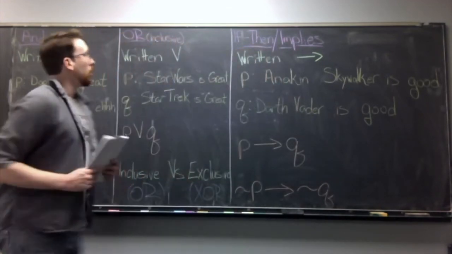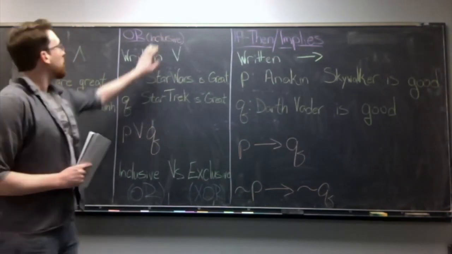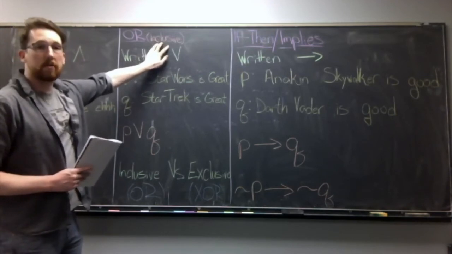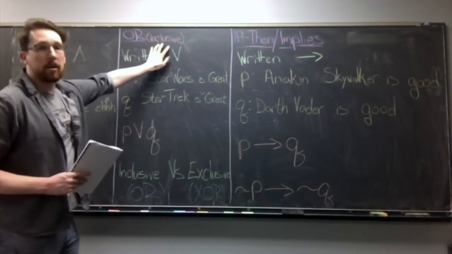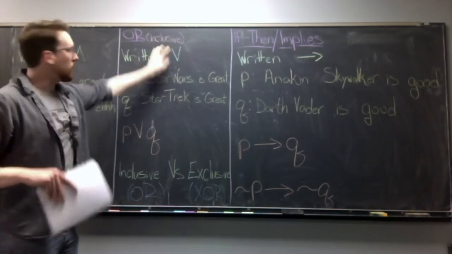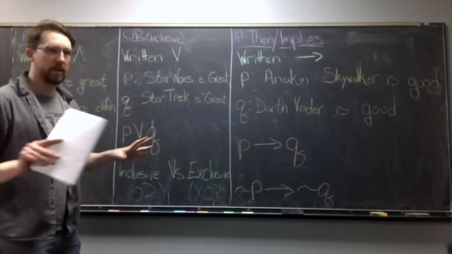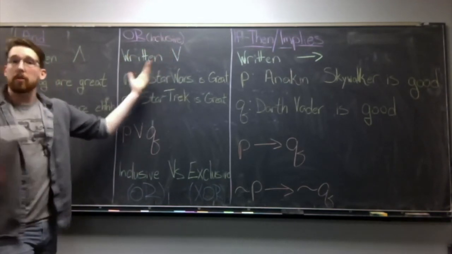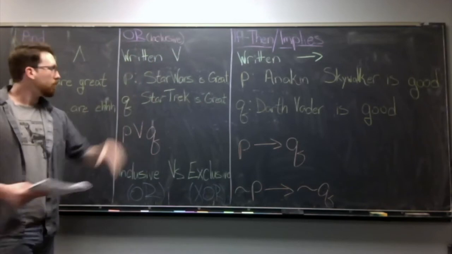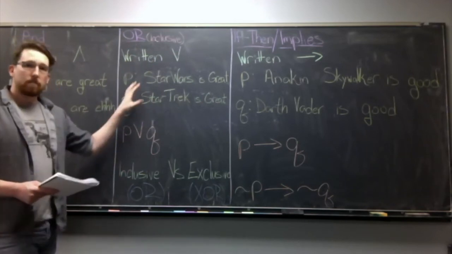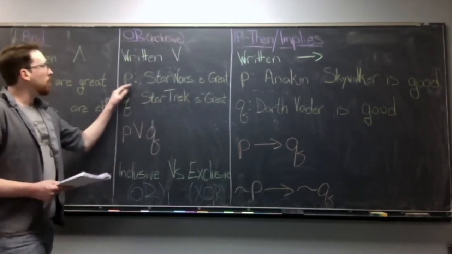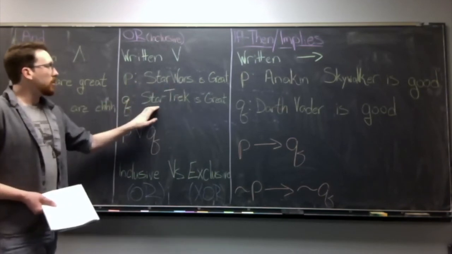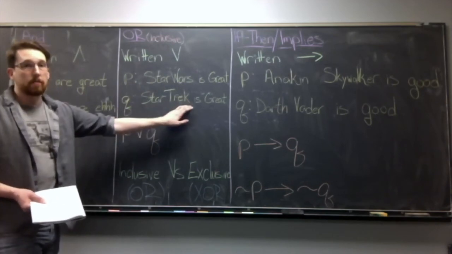So having said that, let's look at now the inclusive OR. Towards the end of talking about OR, I'll get into the difference between inclusive and exclusive. Having said that, OR is written with a giant looking V. And we can think of it by looking at this example I've got here. P represents the statement "Star Wars is great." Q represents the statement "Star Trek is great."